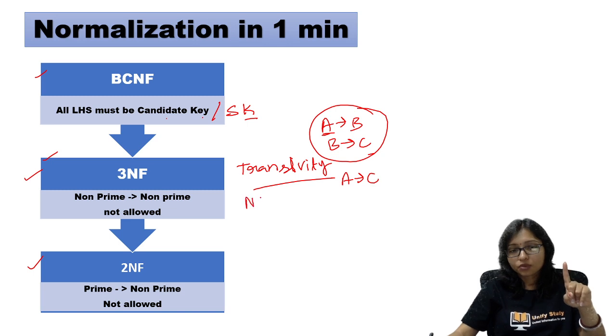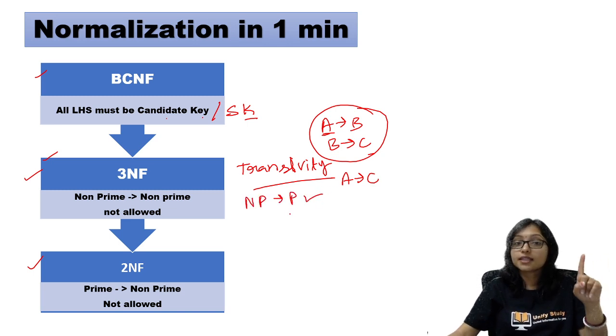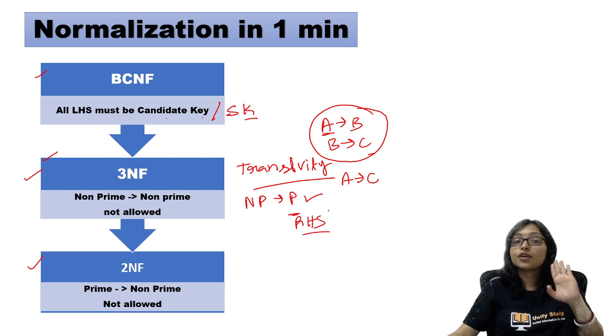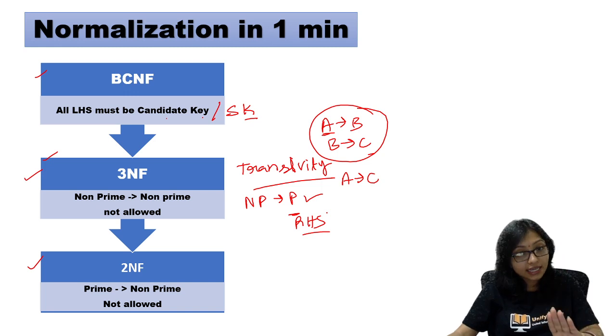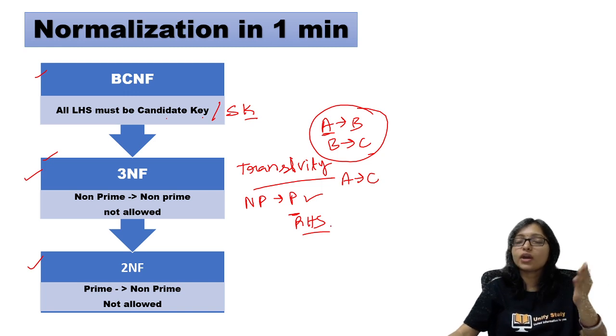Remember one thing: non-prime to prime is allowed here. In the right hand side, if there is a prime attribute, then no problem in 3NF and in 2NF also. Right hand side prime, no problem. But non-prime to non-prime only we will check here.